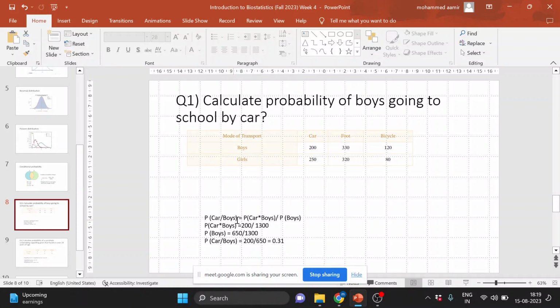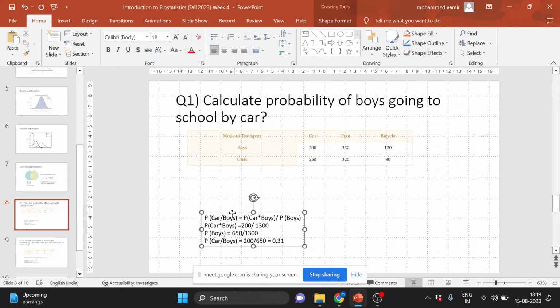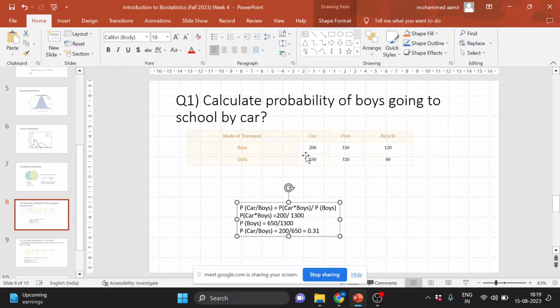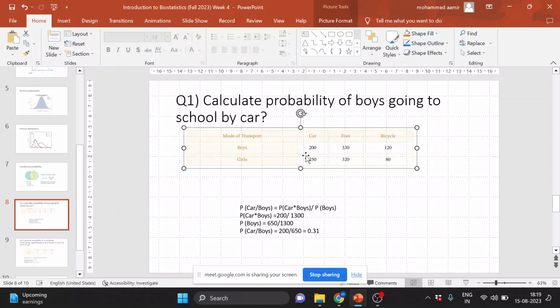Anyone? Don't look at how I've done this, but since you have done the week's classes, how would you go about doing this? What is the probability of boys going to school by car given this set?